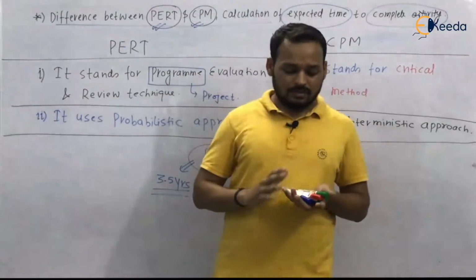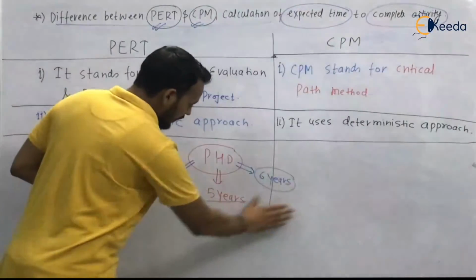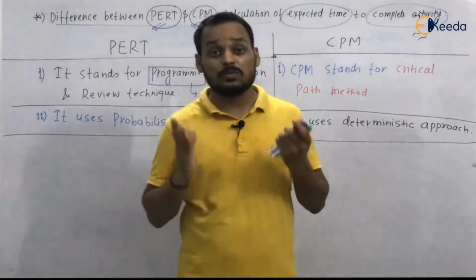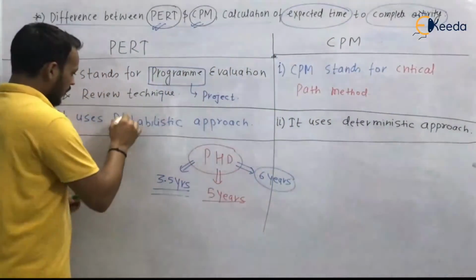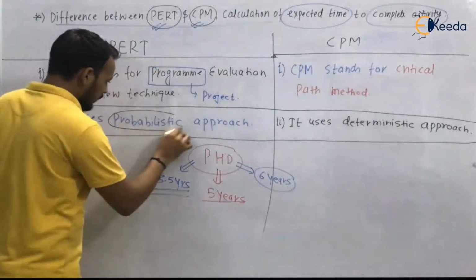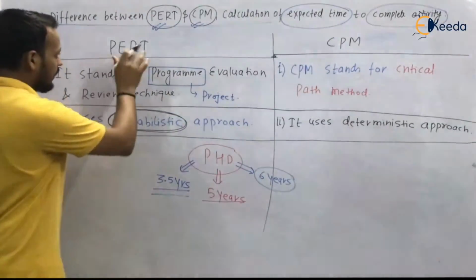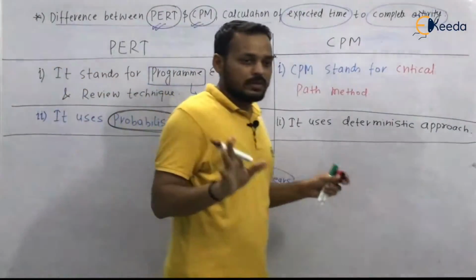It means it is definitely based on probability. It is based on probability or assumption, and that probability or assumption is known as probabilistic approach. It is totally based on probability.